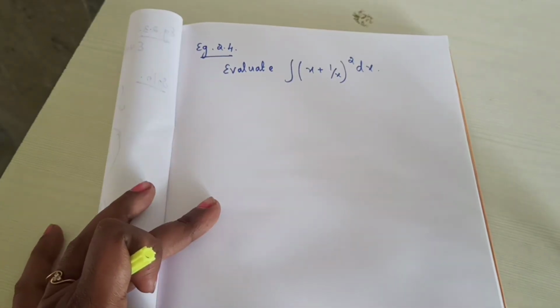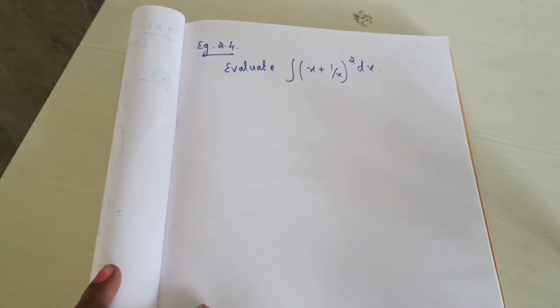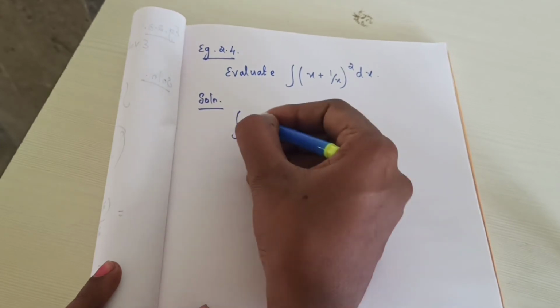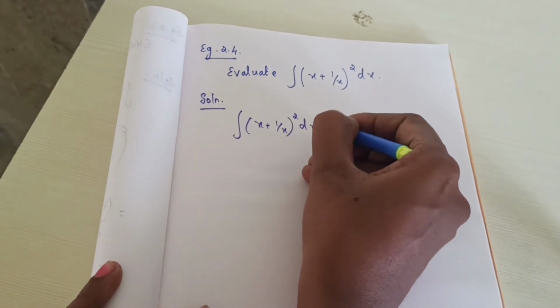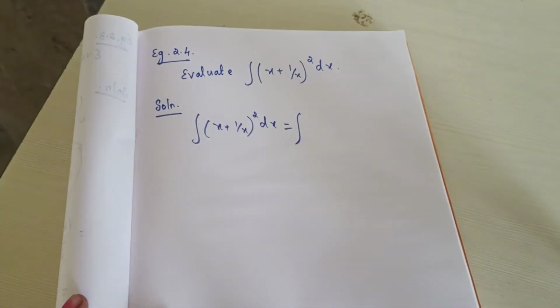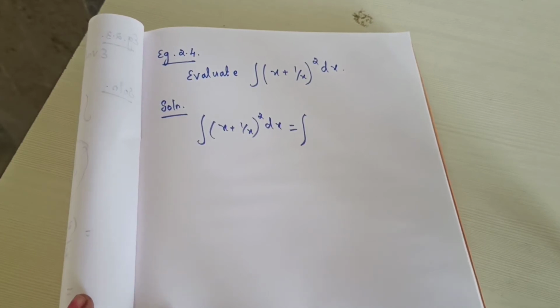Listen here, evaluate integral of (x plus 1 by x) the whole square dx. Understand? Solution. For this problem, first we are going to expand this. What's the formula for (a plus b) the whole square? A square plus 2ab plus b square. You know, is it right?